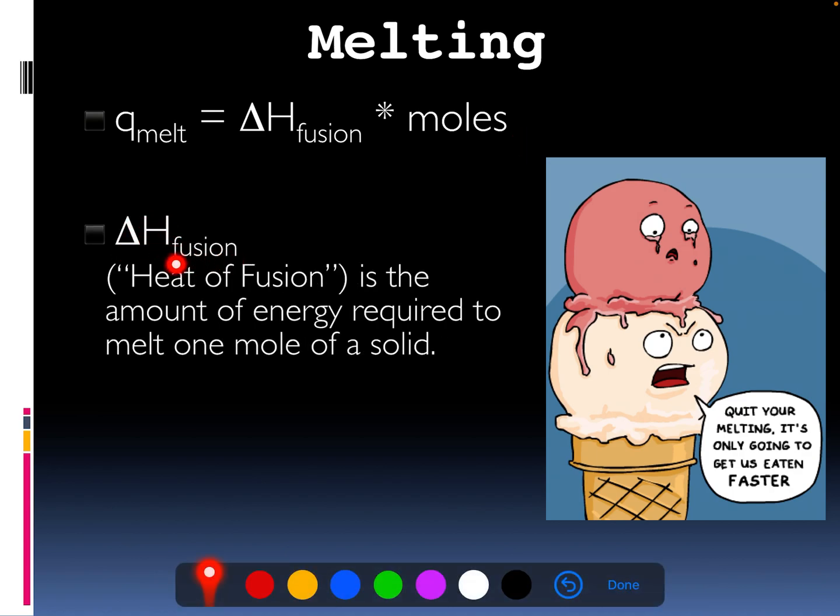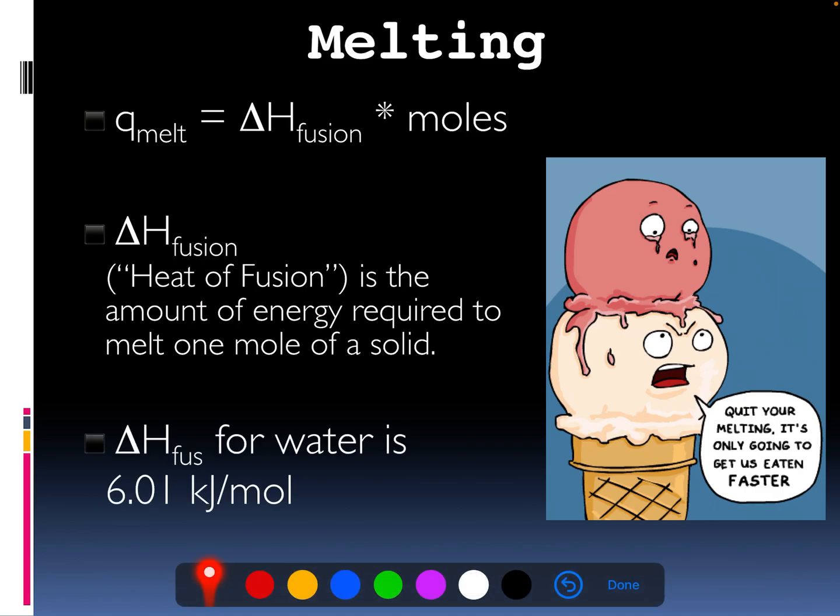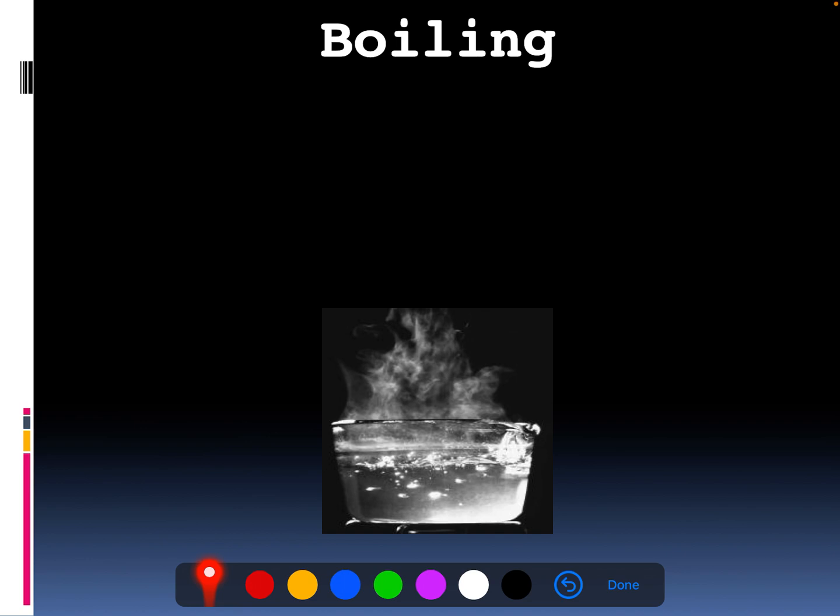Delta H of fusion is called the heat of fusion, and it is the amount of energy required to melt 1 mole of a solid. The heat of fusion for water is 6.01 kilojoules per mole. That's on the back of your periodic table, or you can look that up.